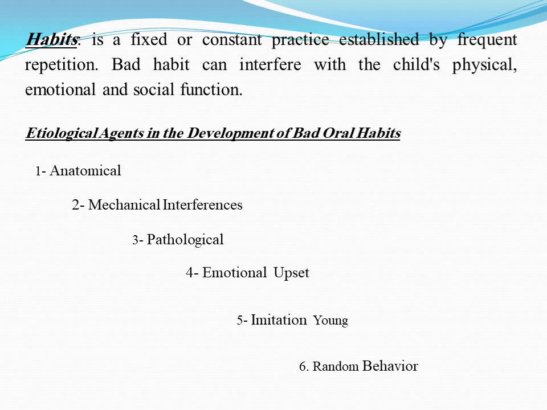Number two, mechanical interferences. This leads to undesirable oral habits, such as when the permanent incisors are ectopically erupted or missed. This will lead to anterior tongue thrust to achieve the anterior oral seal.